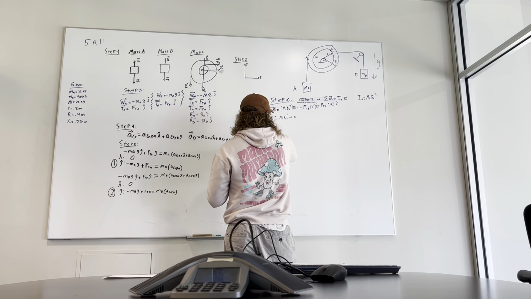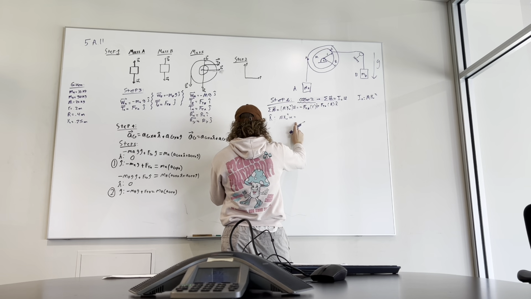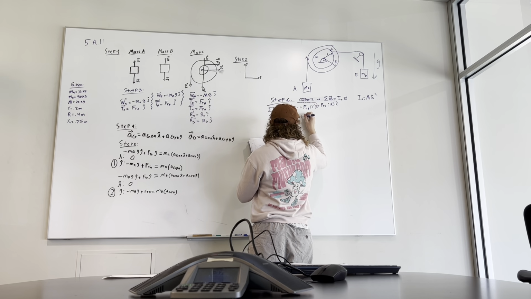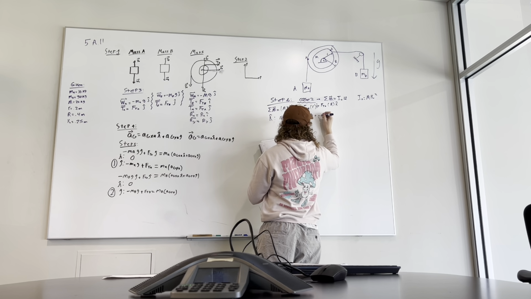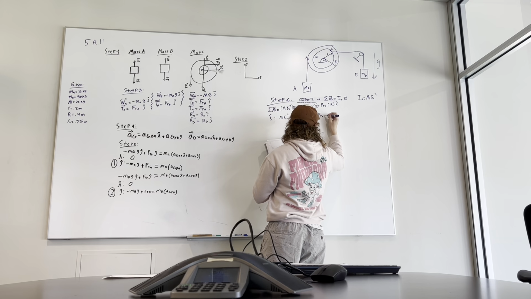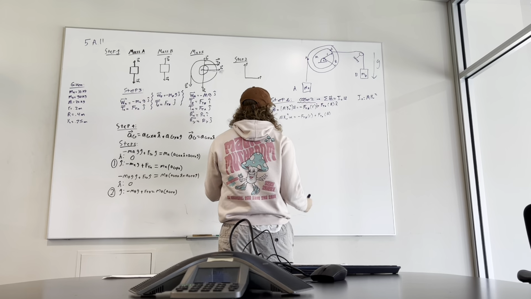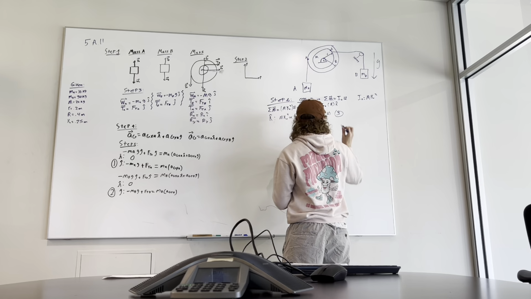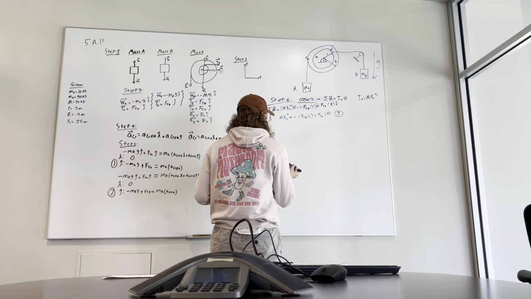So now scalar equation k would be MKO squared times alpha is equal to negative FTB times little r plus FTA times big R. And that is, let's see, that's third scalar equation. So now we can go to step 7.